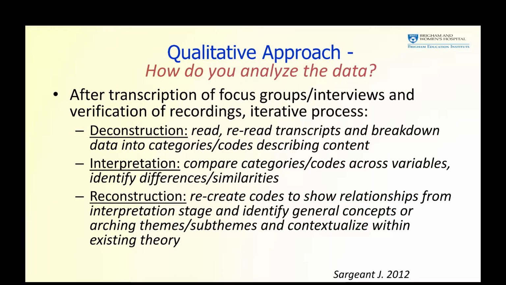Following deconstruction is interpretation, where categories and codes across different variables are compared to identify similarities and differences. Then the data is reconstructed. The codes are reconstructed to show relationships from the interpretation stage, with the idea of identifying general concepts or overarching themes or sub-themes to basically identify your theory.